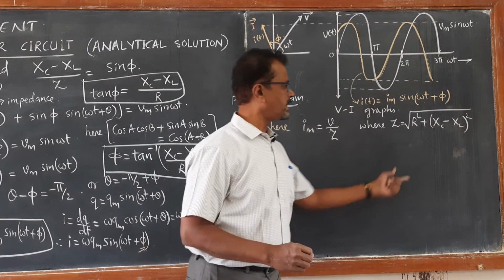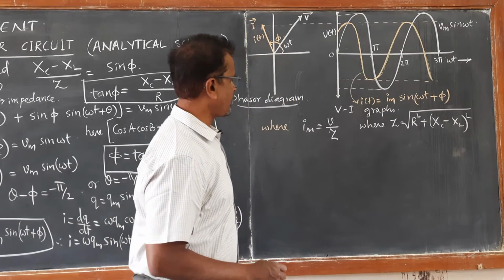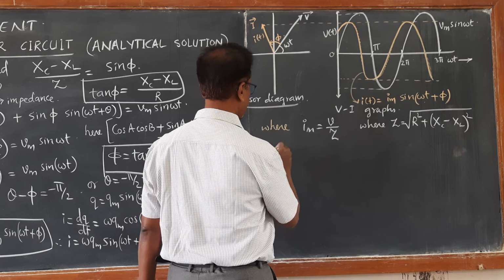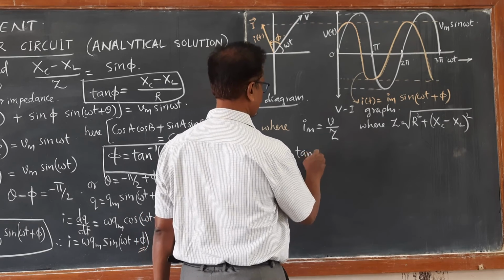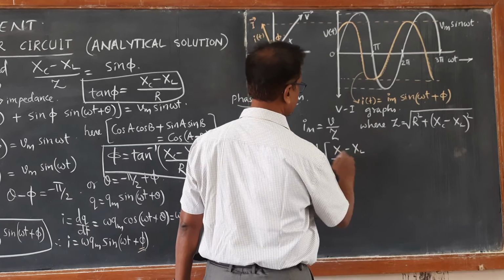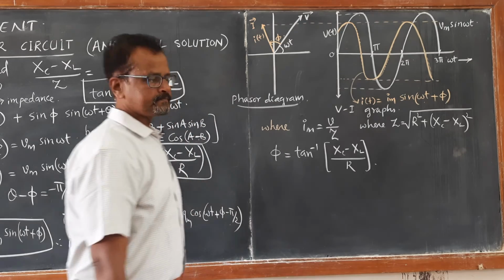If it is predominantly inductive, then it will be (XL minus Xc) whole squared. And phase phi is equal to tan inverse of (Xc minus XL) by R. This is the phase. Okay.